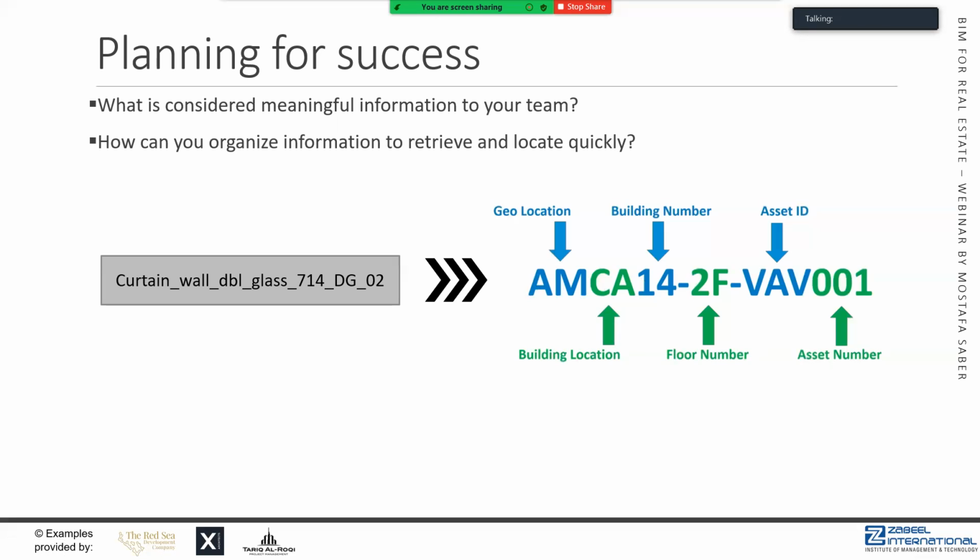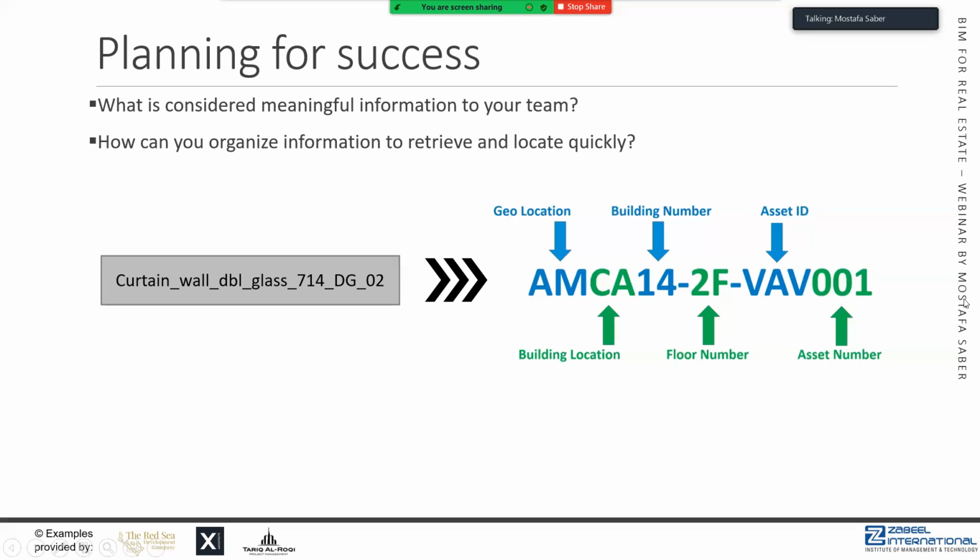This could be your building number to identify which building it is. And then which floor number, the asset ID. This could be something that you agree on for variable air valve or something else for HVAC or a pump. Any information for such an asset that might be required for the maintenance team later on. So you agree on the asset ID and then the asset number.